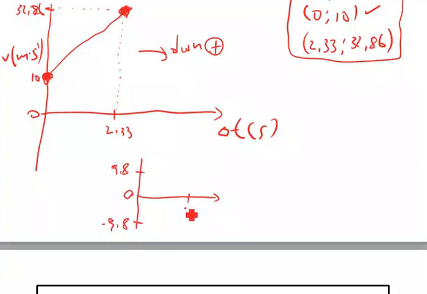Remember, we have 2.33 here. We said take down as positive, which means the acceleration will be positive. Then we are done. Then here we have acceleration in meters per second squared, then here we have delta t in seconds.